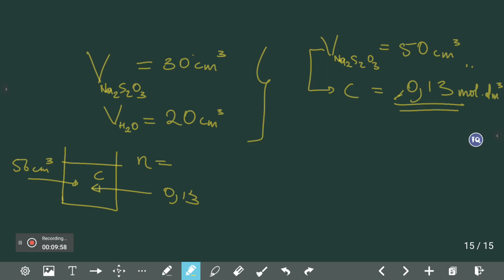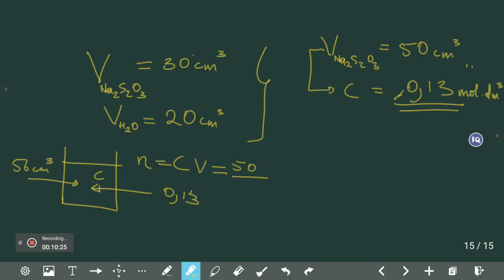Number of moles is CV. So this amount is 0.13 times 50 over 1,000.